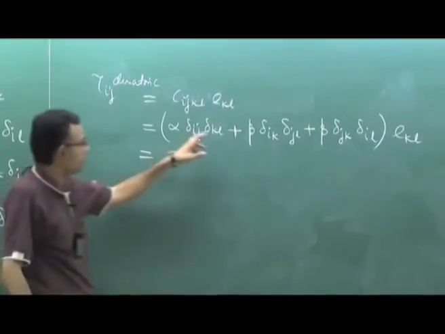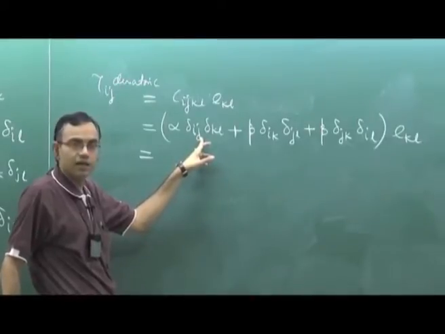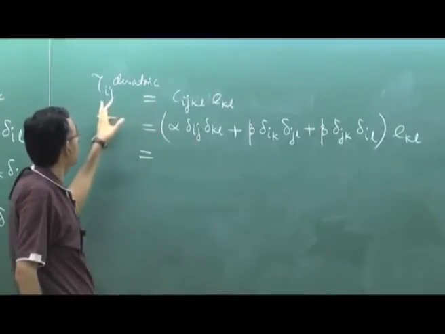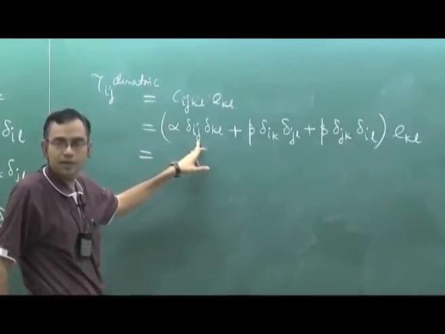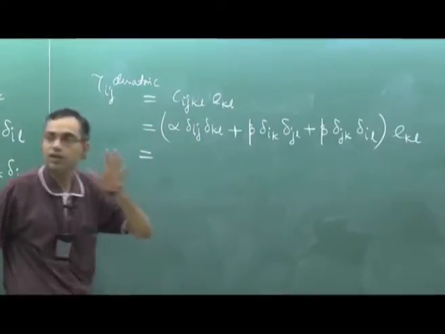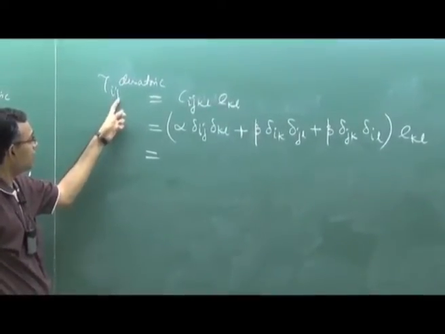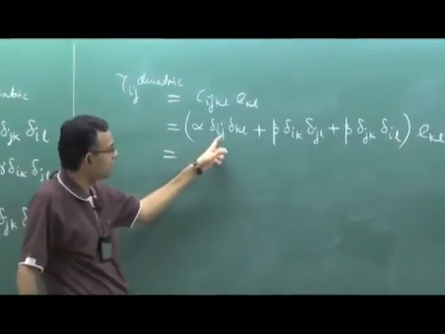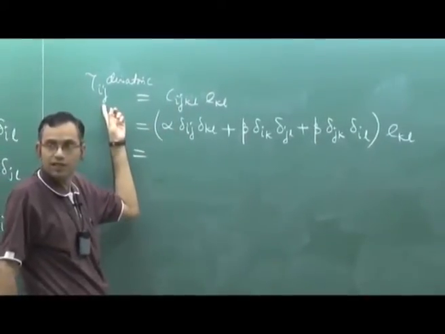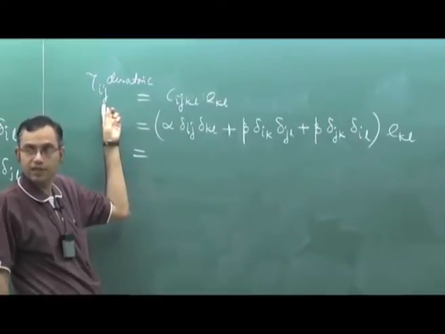Now you tell, delta_ij is, these are i and j free indices because they are there in both left hand side and right hand side. So you really do not change i and j because you already have ij in the left hand side. So right hand side ij is the same as whatever is there in the left hand side, that you cannot change unless you change the left hand side indices.